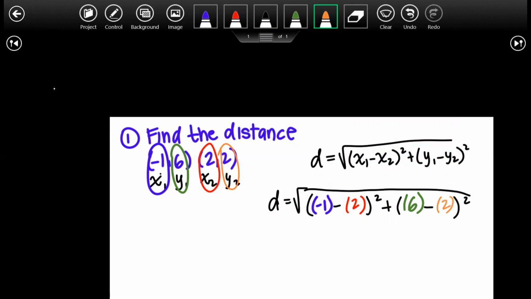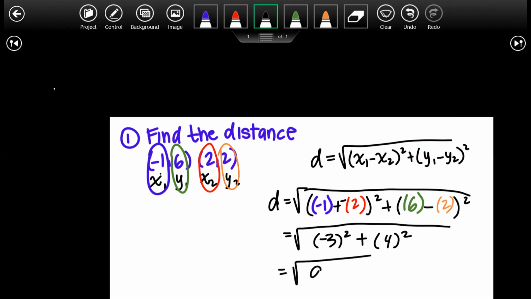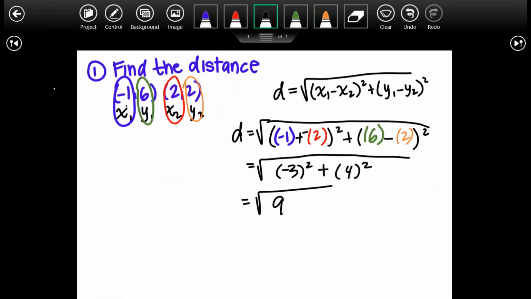And all we got to really do is just simplify things out. We've already got the answer for this, right? We already did it yesterday. This would be keep, change, flip. This would give me -3 squared, plus 6 minus 2 is just going to give me 4. -3 squared is going to give me 9. 4 squared is 16.